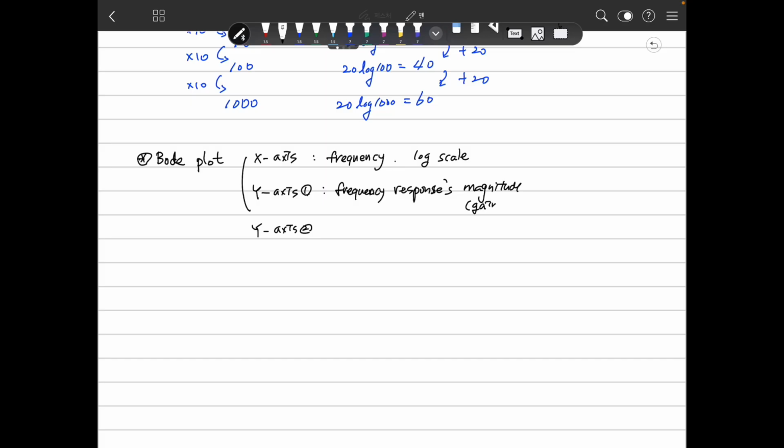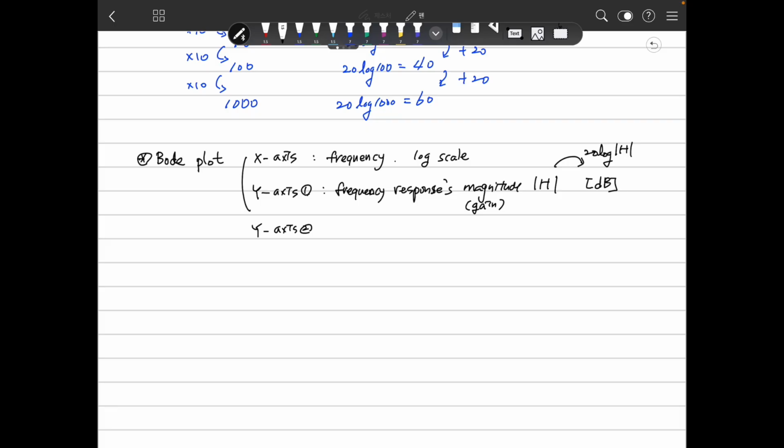Gain H, and especially the unit is dB. So actually we represent this as 20 log magnitude in this manner.